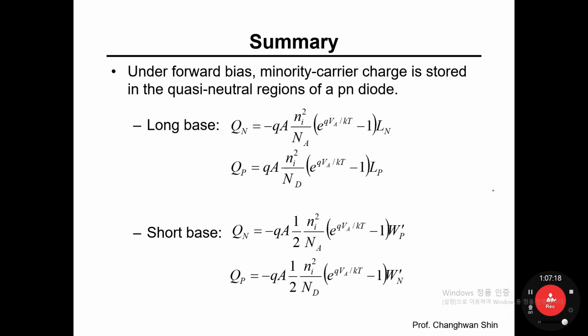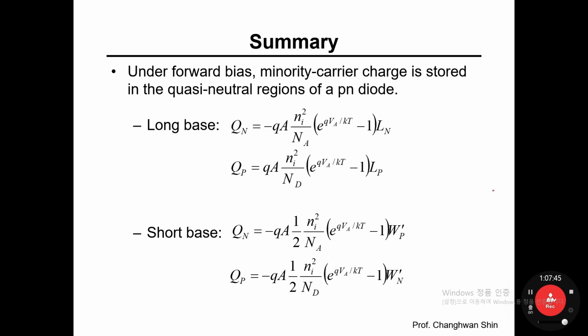And that is corresponding to chapter 6.3.1. Okay, so please read all the sentences for chapter 6.3 and try to understand what the charge control model is. And while we are studying the charge control model, we have successfully derived the diode equation as well under forward bias.